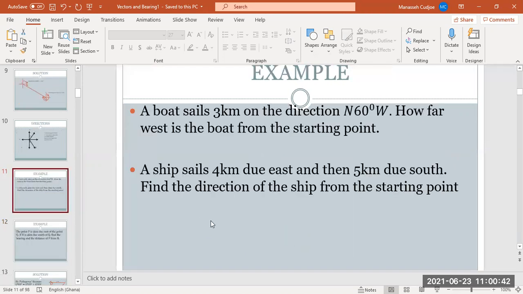All right, so we have these two examples, and I'll pull my whiteboard too so that we could explore it. Now the question indicated that a boat sails 3 kilometers on a direction north 60 degrees west. How far west is the boat from the starting point?